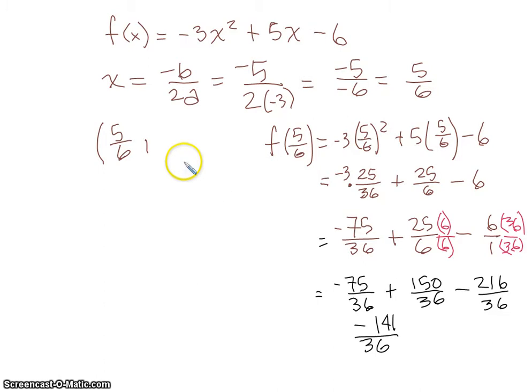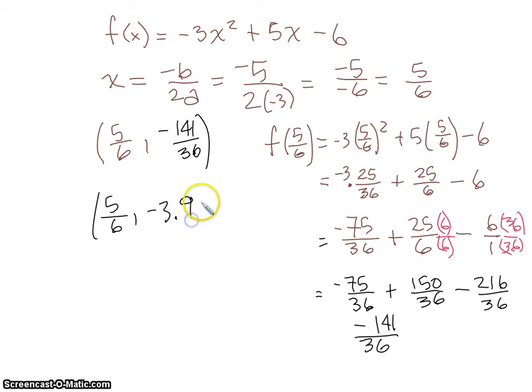So if I wanted my vertex as a fraction, that would be the y value of it. So I could write negative 141 over 36. And then I could also use my calculator and say, hey, the x value is 5/6 and the y value is about negative 3.917 if I'm rounding.